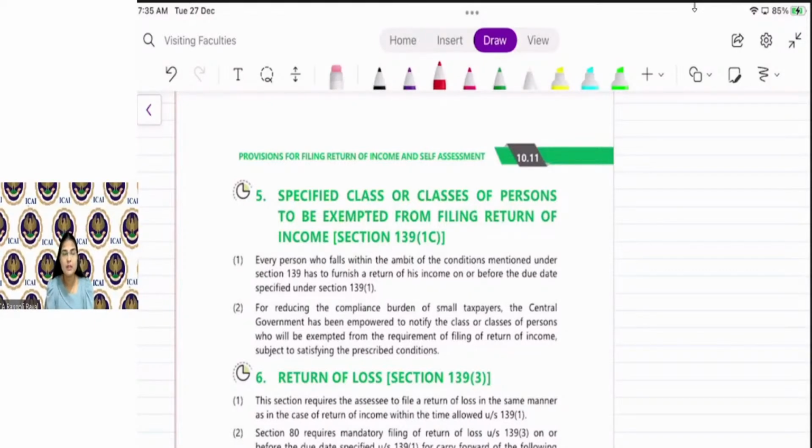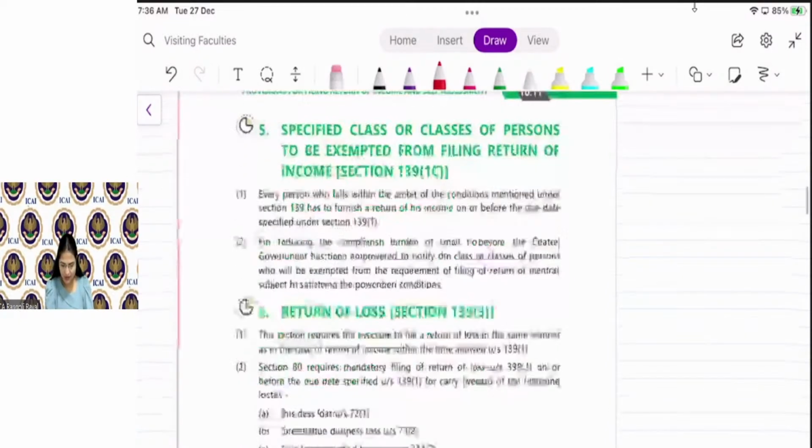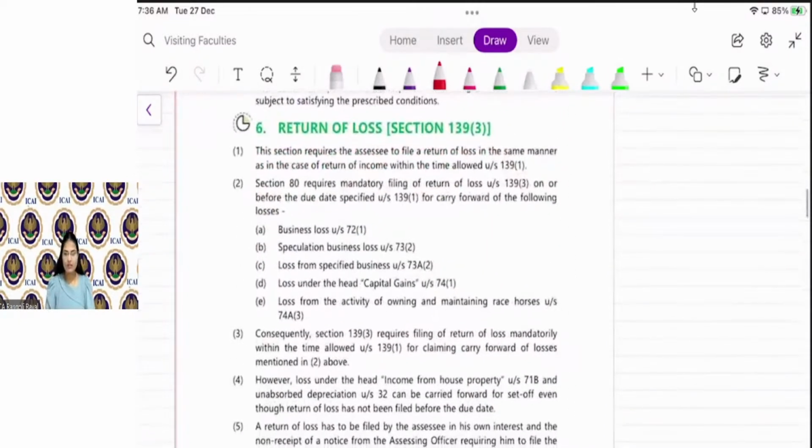For this, the example is specified senior citizens aged more than 75 years. We have learned section 194B; those whose TDS is deducted under section 194B are not required to file return of income. Right?